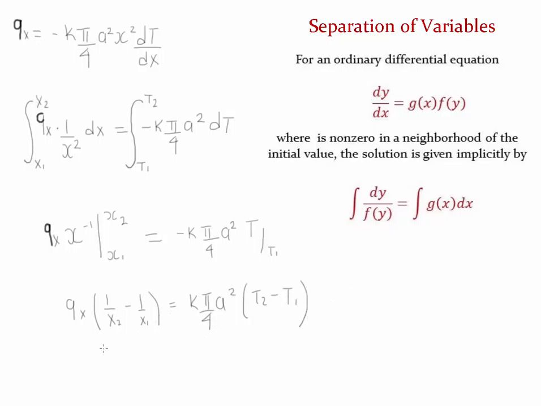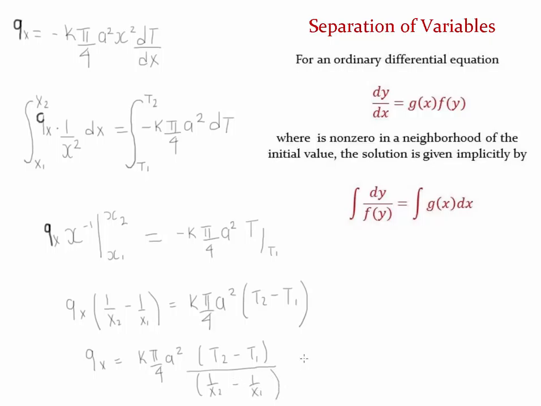If we solve this expression for Qx, we find that Qx is equal to k pi over 4 a squared times (T2 minus T1), divided by (1 over x2 minus 1 over x1).